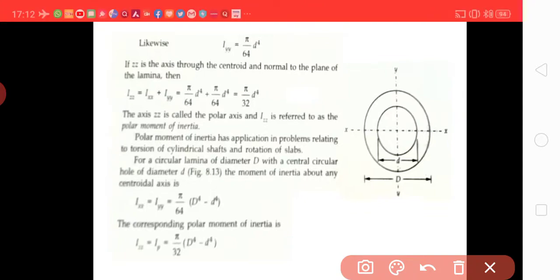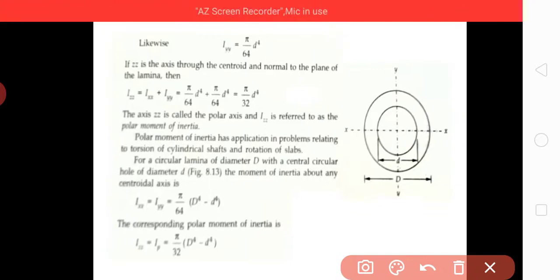For a circular lamina of diameter D with a central circular hole of diameter small d, refer to figure 8.13 here, the moment of inertia about any centroidal axis is Ixx equal to pi by 64 into (D to the power 4 minus d to the power 4).